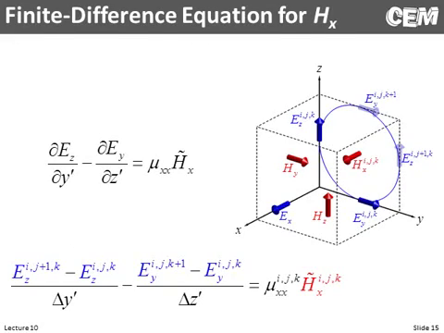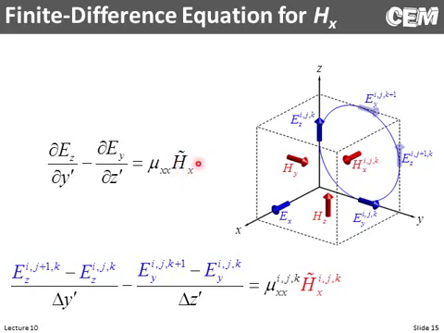So here we go. We will grab the first of Maxwell's equations, and we have 2 spatial derivatives and then a magnetic field. We're going to call this the equation for h sub x. Remember the rule that every term in a finite difference expression has to exist at the same point.